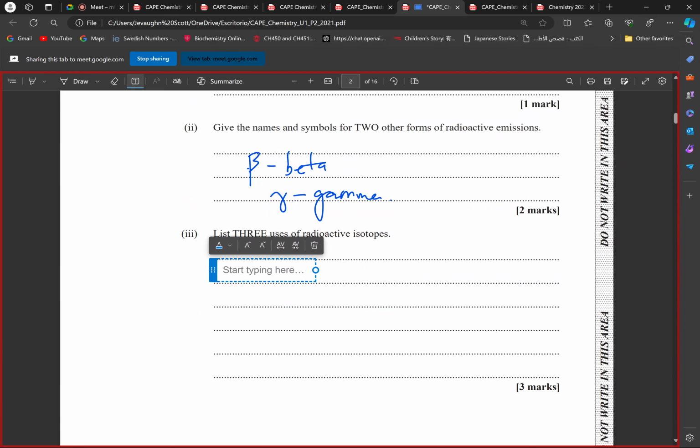Three uses of radioactive isotopes. In medicine or in X-rays. Okay, hold on. I don't want everybody to be speaking at one time, so I don't get confused. Okay, so X-rays, and then gamma rays. Medicine is too vague. As tracers.